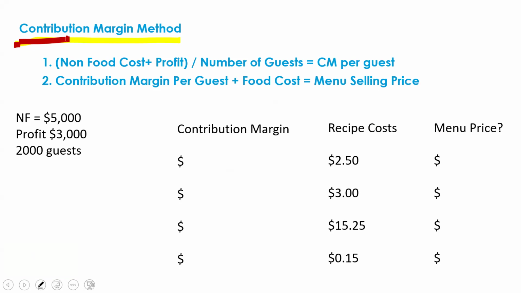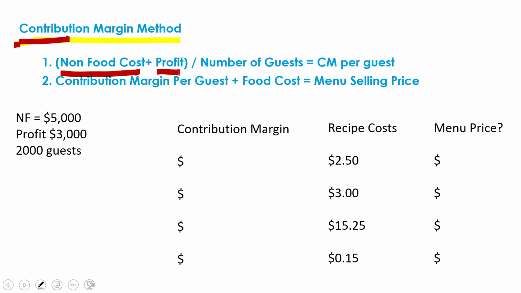Okay. So all the money from that contribution margin is going to cover our non-food costs and our profit. Okay. So to calculate the contribution margin method number 5, we need to add the non-food costs and profit.